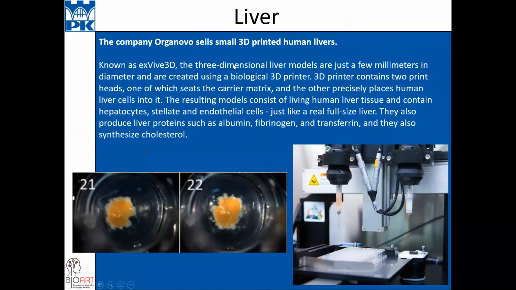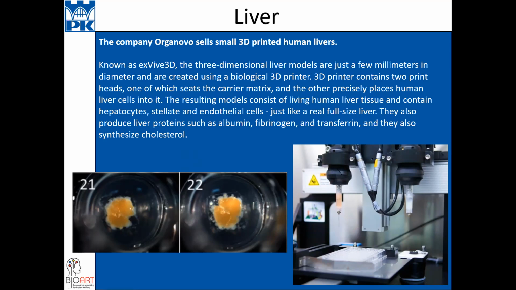This is a very nice example. The company Organovo prints a very small liver. They print the liver, and it works like a liver, and you can test on it because it's a liver on a micro scale.